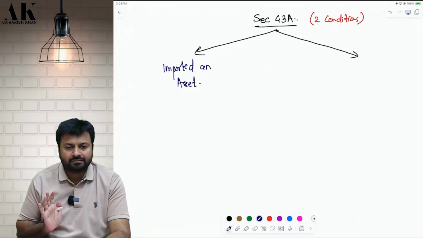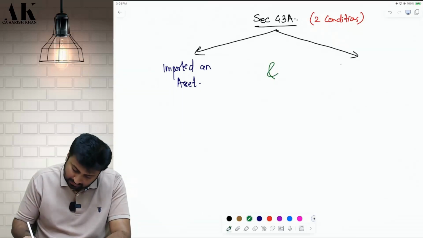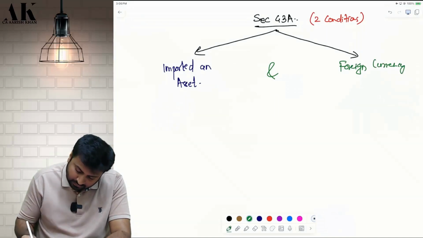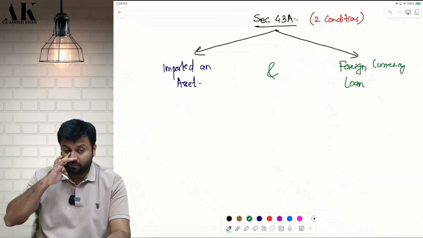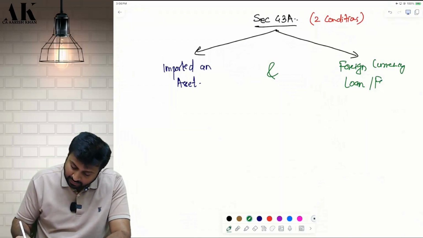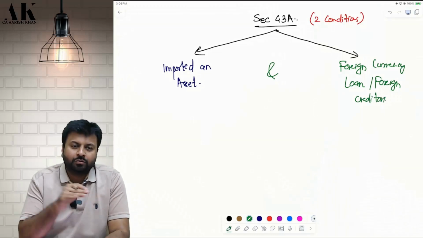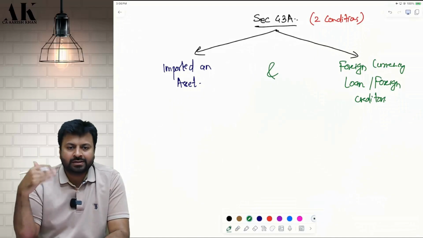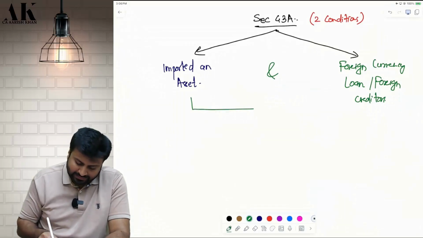Secondly, there is a foreign currency loan on it. You have taken loan in dollars, pounds, not in rupees. Or there is a foreign creditor, where you are going to pay to the creditor in installments in foreign currency. Then this section is applicable.